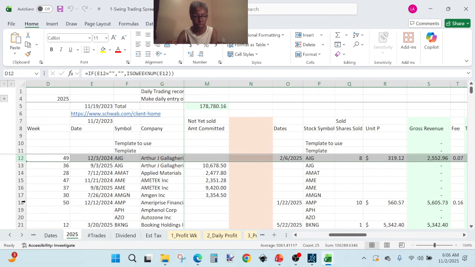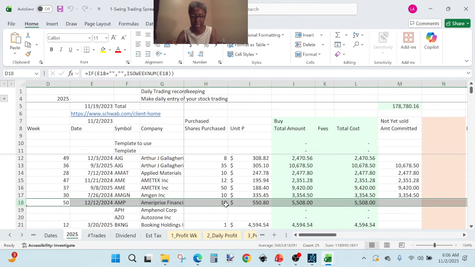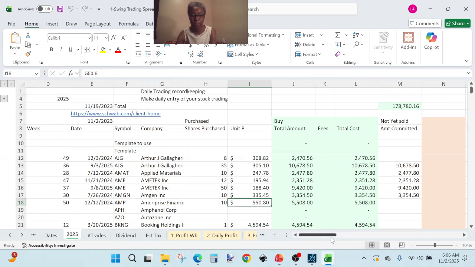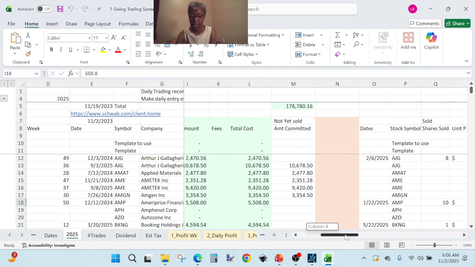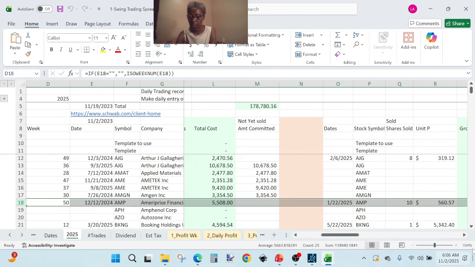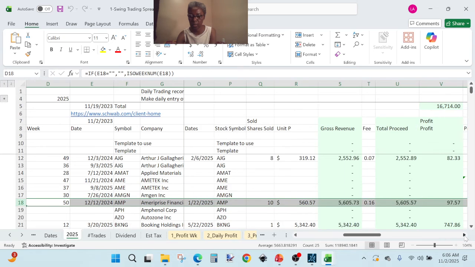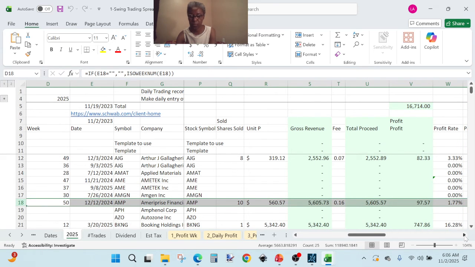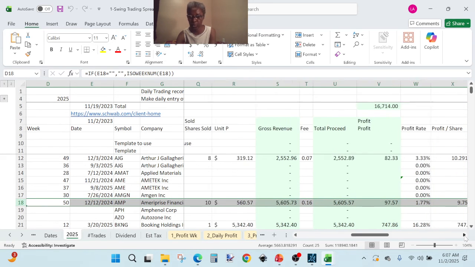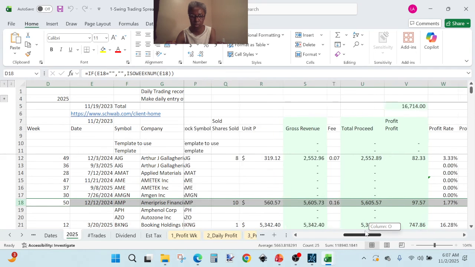So AMP. Okay, we sold AMP this year as well. We purchased it in December for $5.50 a share, and we sold it for $5.60 a share and made $97 profit on a 1% return, or $9 profit per share, by holding it for how long?